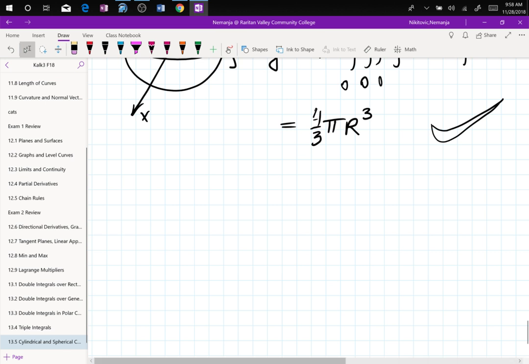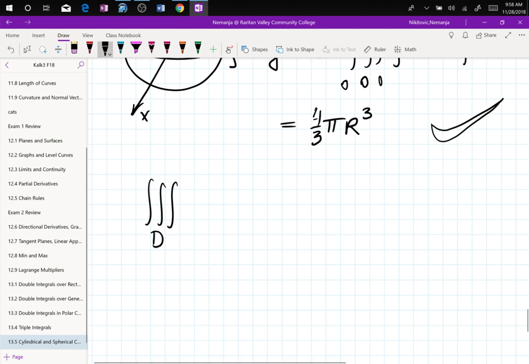What do we want to compute? We want to compute again the same thing, right? The volume or the bulk, using the triple integral in spherical coordinates. So I want to take a look at the triple integral over region D for f of rho phi theta dV.